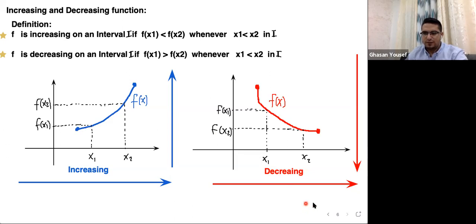I'm going to give you an example for this, to tell me at which interval f is increasing and which interval is decreasing.